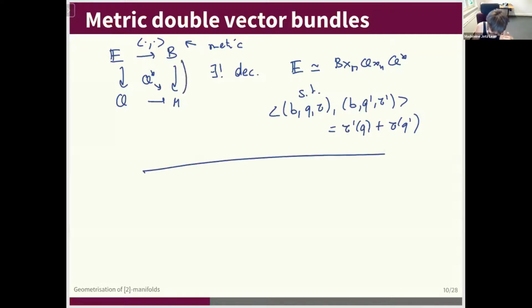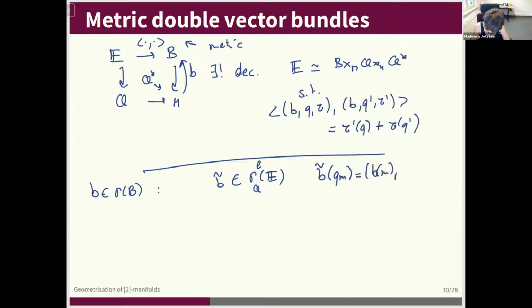So if we take b, a section of B, then we'll be able to define b tilde, which is going to be a section of E over Q, which is going to be linear. L stands for linear. By just saying in the decomposition, b tilde at the point q_m, m is the double base point, is b at m, q_m, 0 in Q star at m.